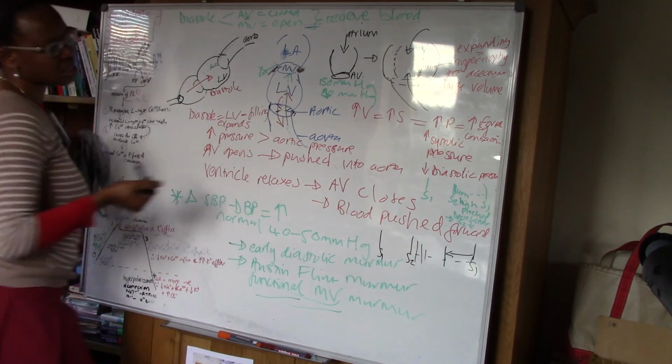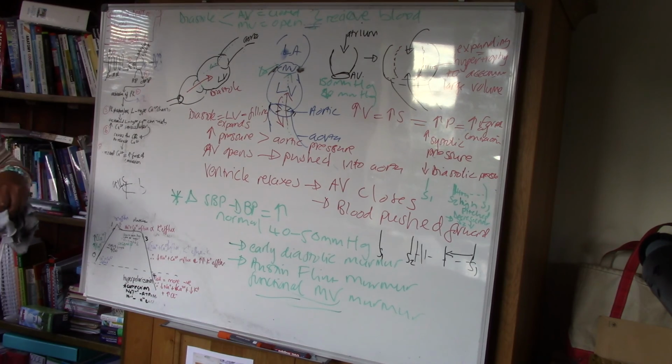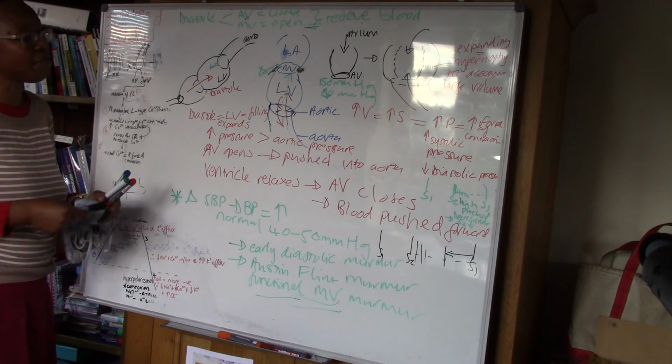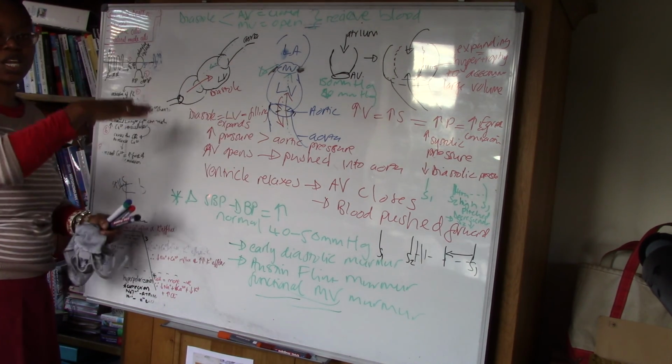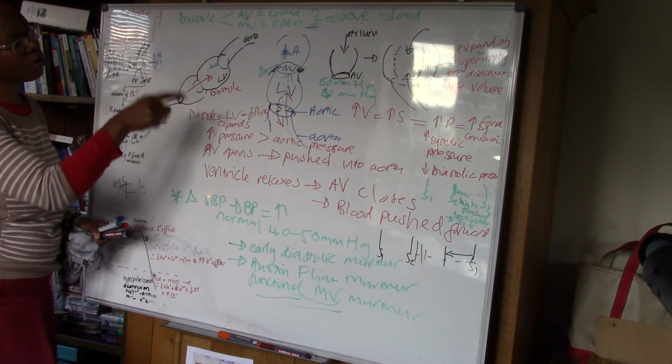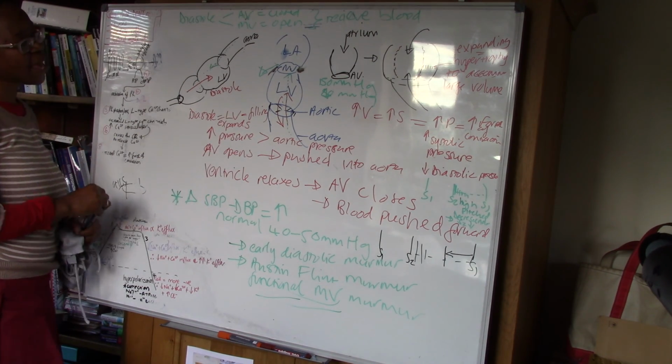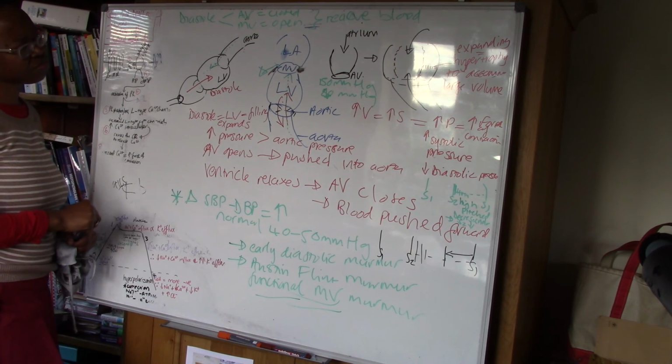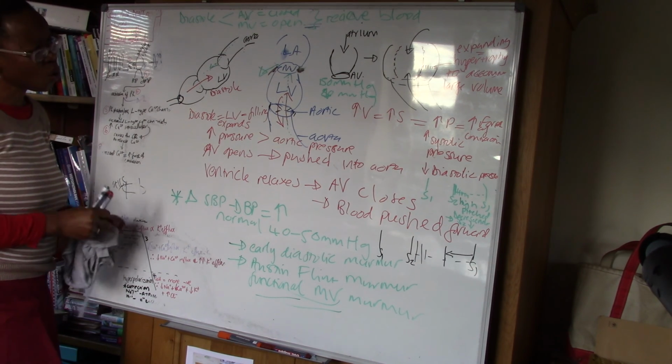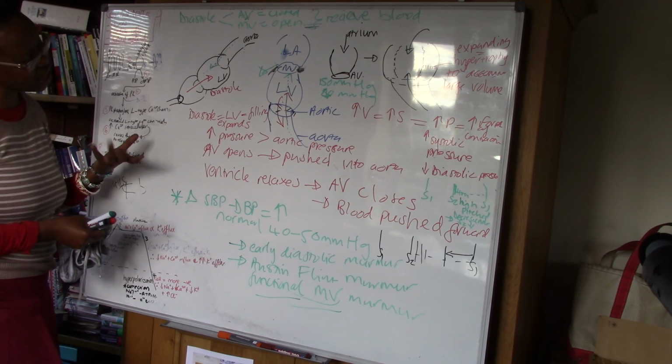So it's always replaced, and it can be replaced with a mechanical valve, which links in with anticoagulants to sort out coagulation, or with a bioprosthetic valve which doesn't need anticoagulants.